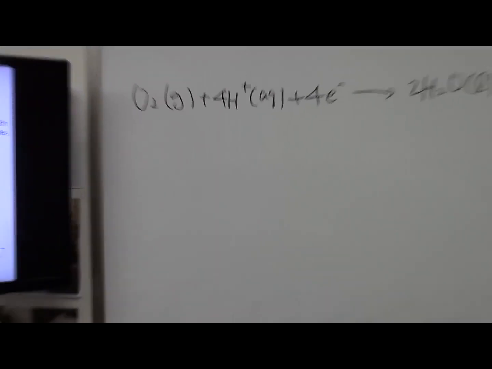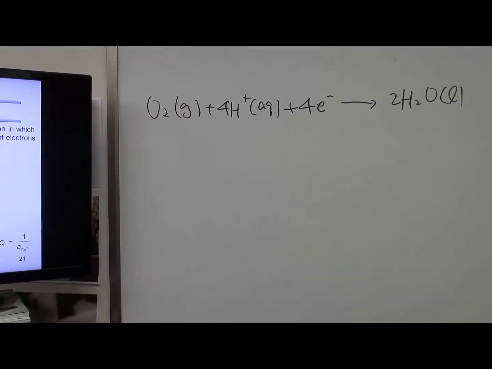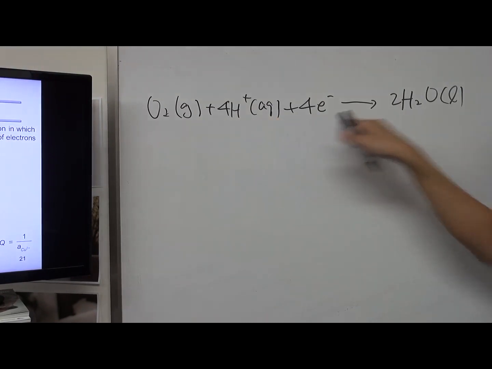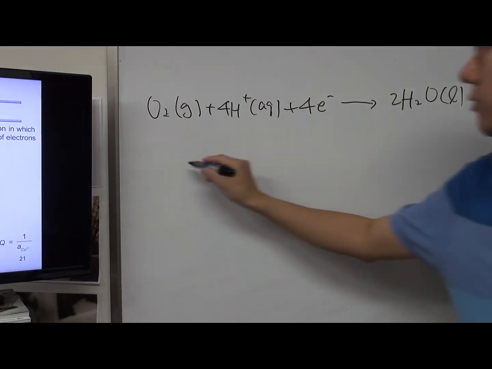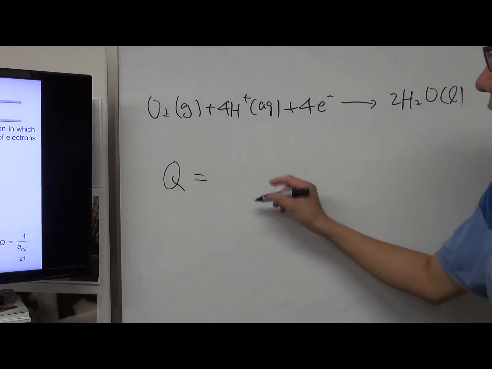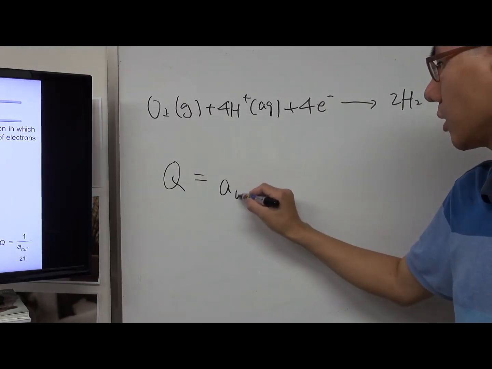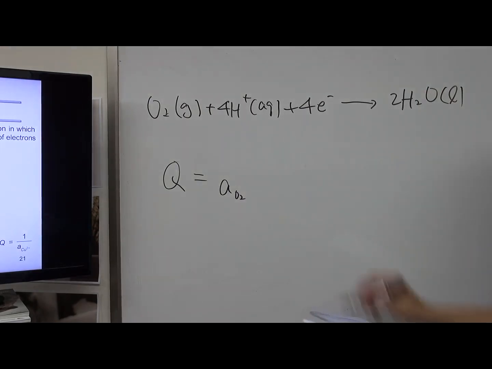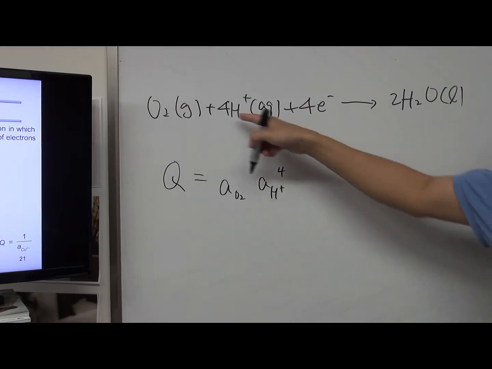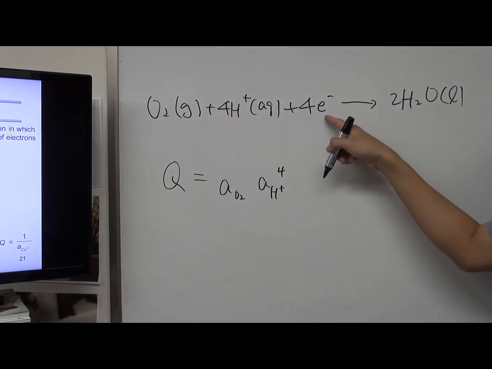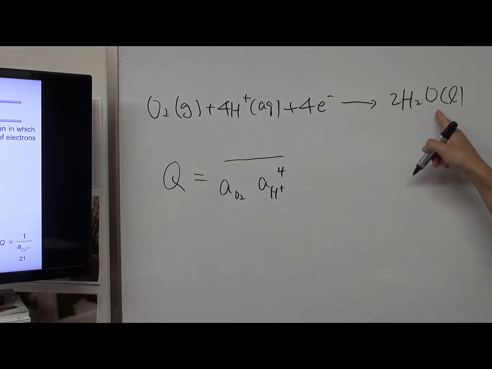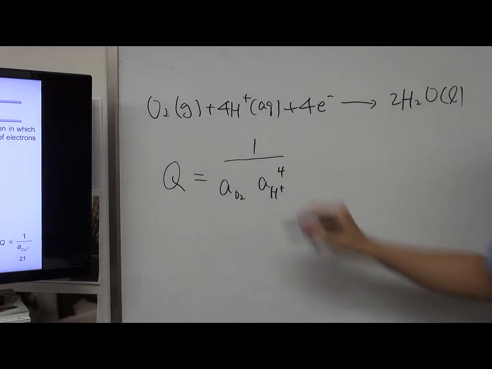For this reaction, with gas, ion, electron, and liquid, the reaction quotient Q can be expressed as a O2, right, times a H plus to the fourth power. And for electrons, we don't really need to worry about. And for pure liquid, activity is 1, right?